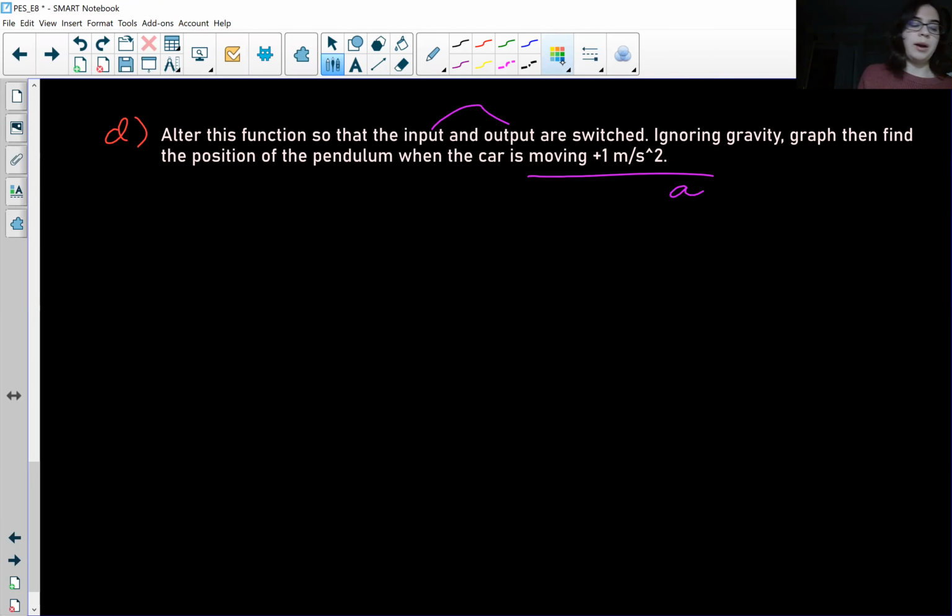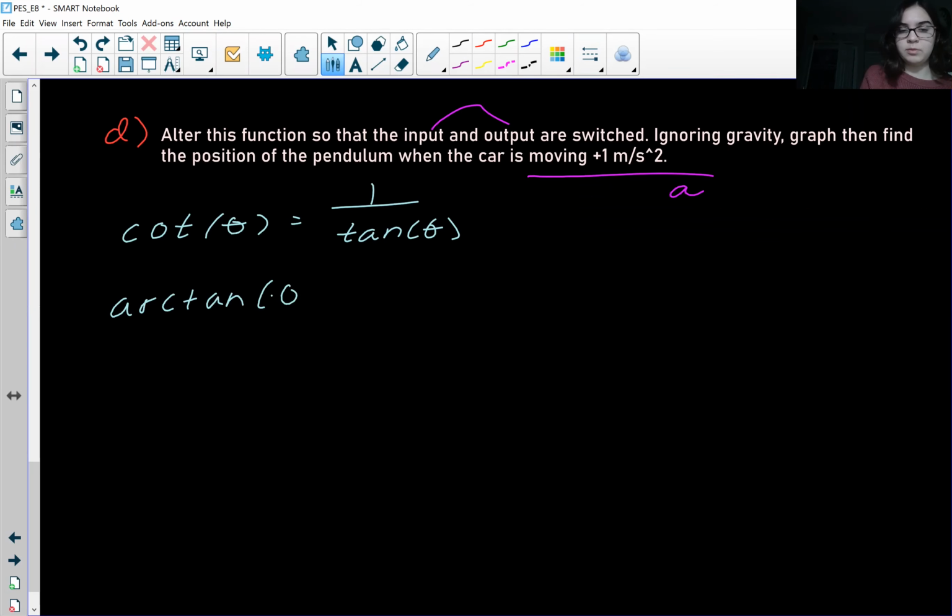And before I do that, let's make a distinction here. Cotangent of theta is 1/tangent of theta. We also have something called arctangent, which is just the inverse of tangent. So we can write it either way here.